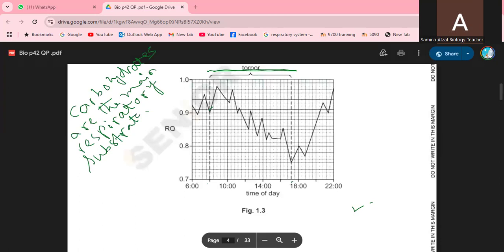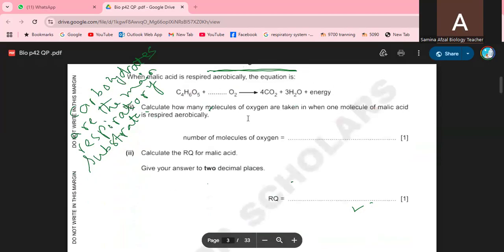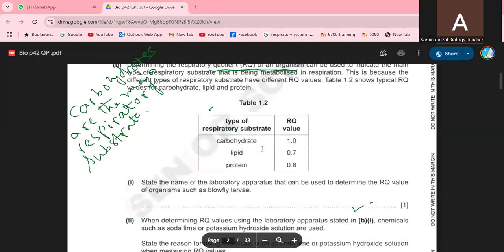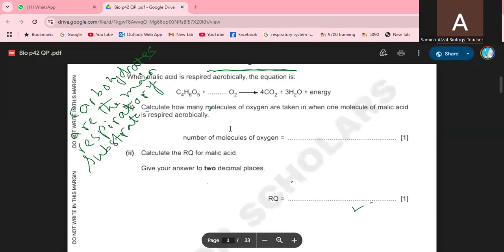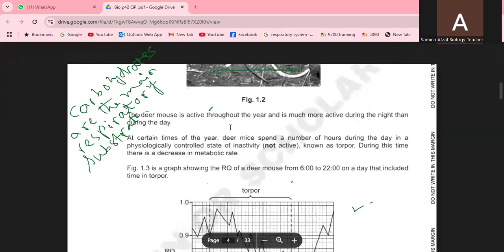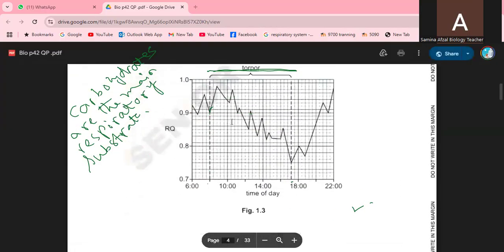Because you can see here 0.7, 1 and protein is 0.8. So that was in graph 1.2. Now we are talking about this graph, 1.3.